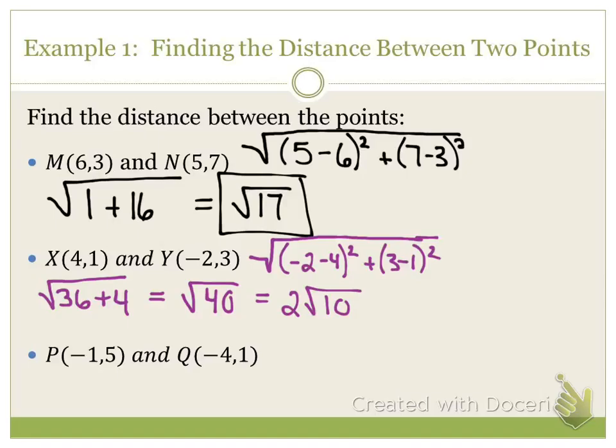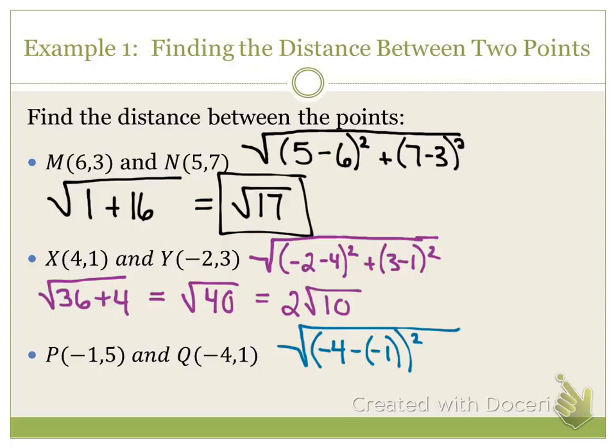Go ahead and try number 3. Find the distance between points P and Q. Okay, so square root, make my substitutions. Oh, wait. What is that? So I've got -4 minus, and I had to plug in a -1. The minus is already in the formula. Then I plug in a -1. What does that give me?